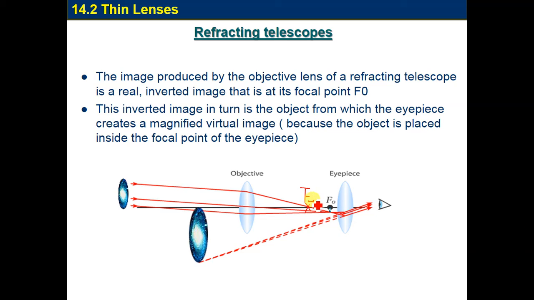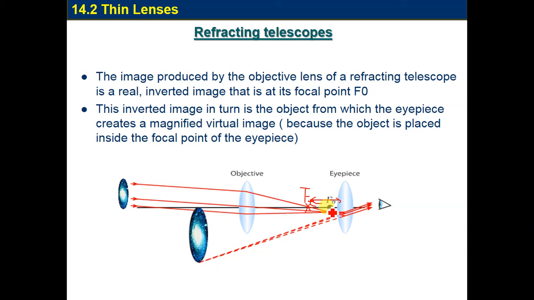It is the focal point of the eyepiece lens. The eyepiece lens is made in a way that its focal point is behind the focal point of the objective lens. This ensures that the image created by the first lens is inside the focal length of the eyepiece lens.